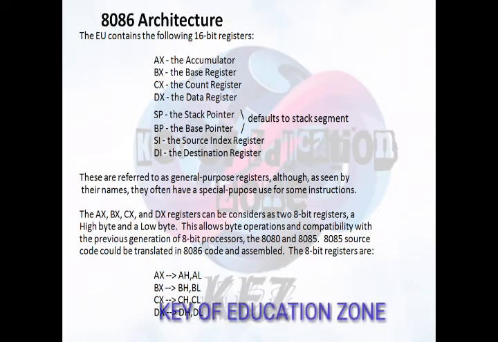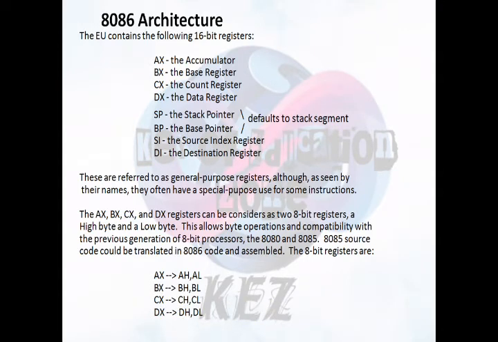After execution of an instruction, the next instruction is fetched directly from the instruction queue without having to wait for external memory to send it. That's why it is called pipelining, and it helps speed up the overall execution process.